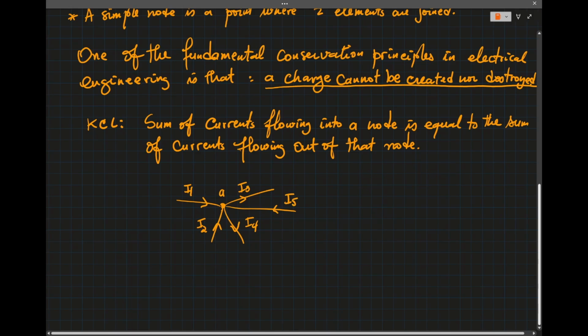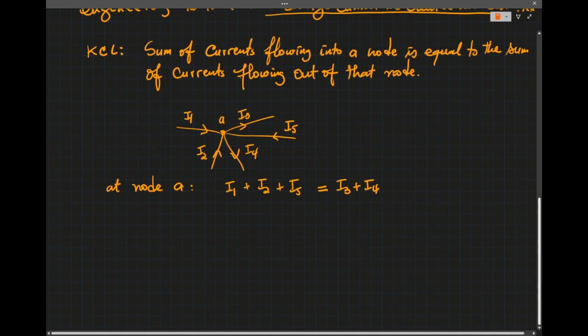At node A, the sum of the current entering the node is I1 plus I2 plus I5, equal to the sum of the current leaving the node, which is I3 plus I4.